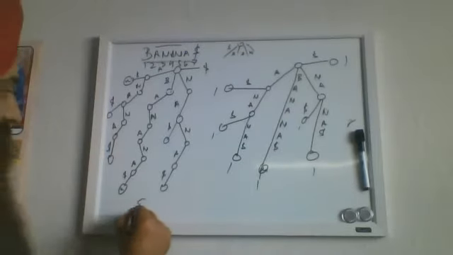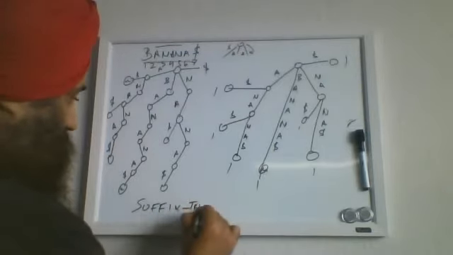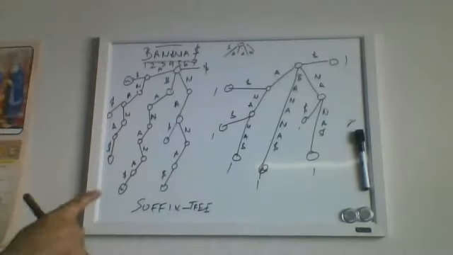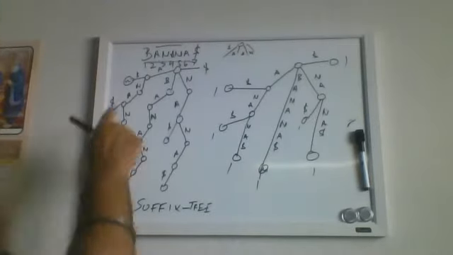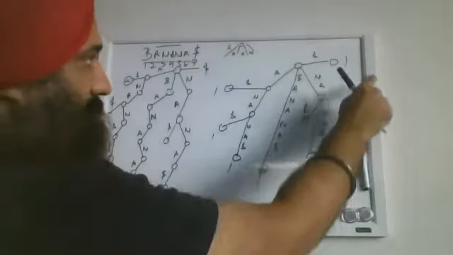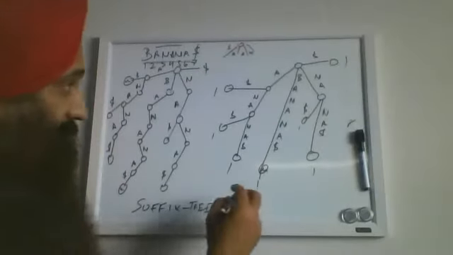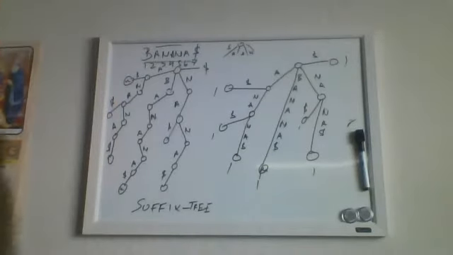So I'll give you a general definition of a suffix tree now. Another thing we add to this trie is these number representations on the leaf nodes, which tell us which suffix that leaf node represents.